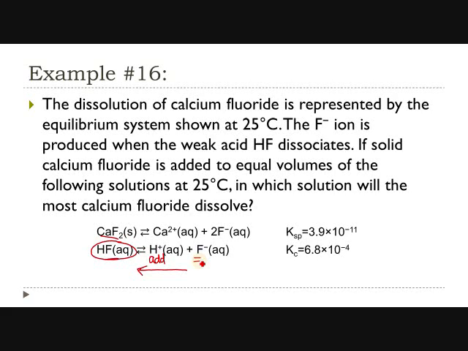And if you remove the fluoride ion, then the top reaction is going to have to shift right to produce more fluoride ions. So when you put it in acidic solution, it will pull away the fluorides from the solution, and then the solid has to dissolve to create more fluorides.